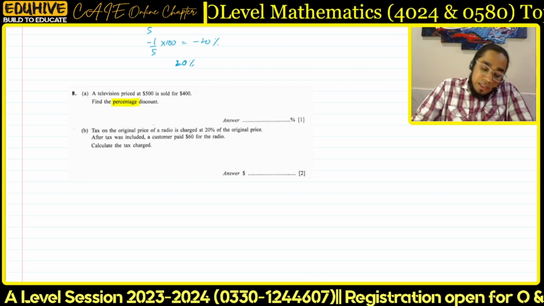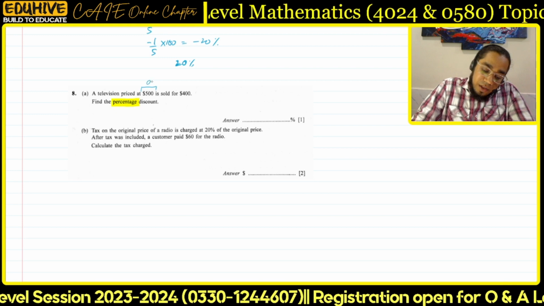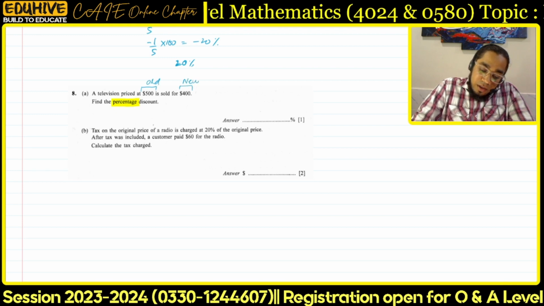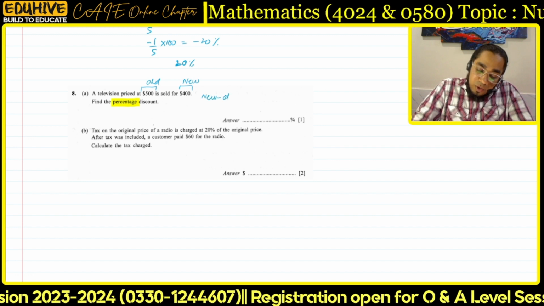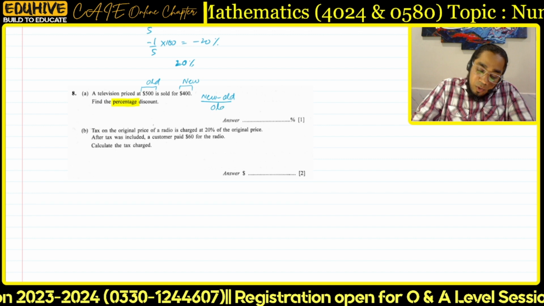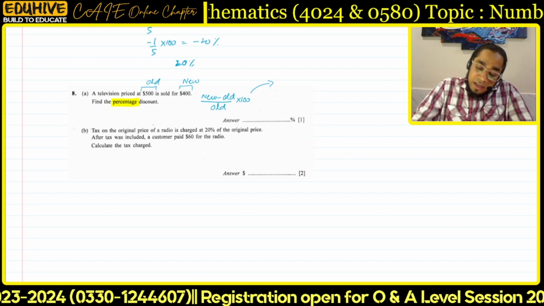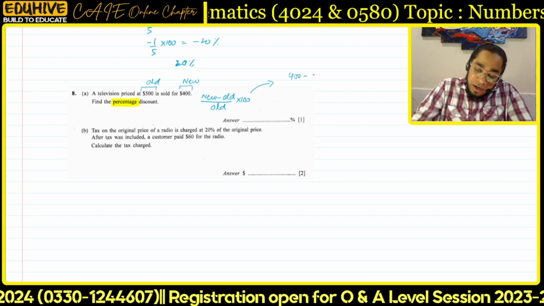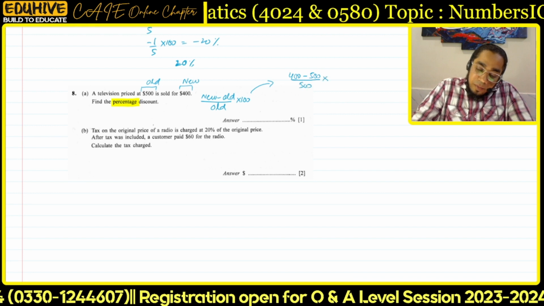So if the percentage has decreased, what am I going to do? I am going to say that it will be the old one and that is a new one. Okay, so according to the formula I'm going to say that new minus old divided by old multiply by 100, and as I know that here there is a decrease, so the answer would be negative. 400 minus 500 divided by 500 multiply by 100.